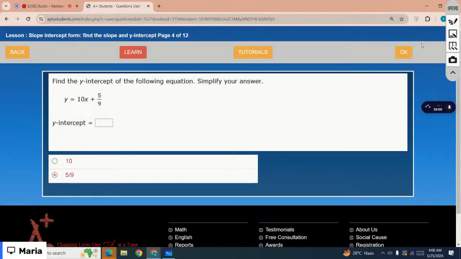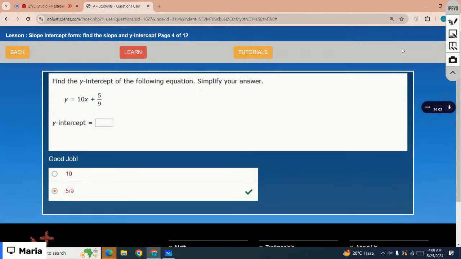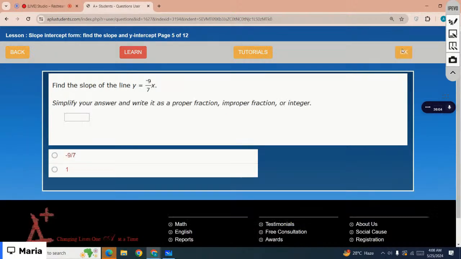Option number 2 is the correct option. Find the slope of the line y equals negative 9 by 7x. So which is the correct option?